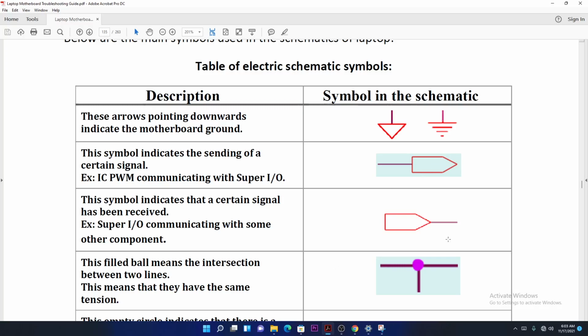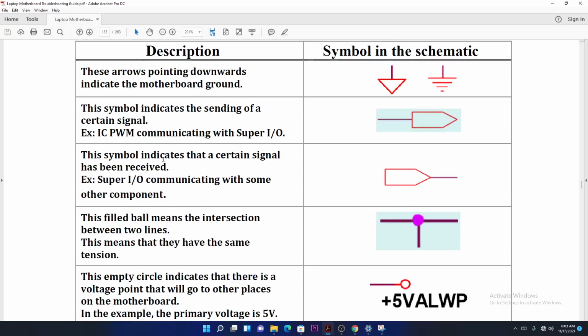For example, when the CPU VRM is good, working 100%, it's going to send out a signal. There will be an arrow going out, going straight into the Super IO chip, saying all the power is good, and the Super IO chip would receive that signal as this symbol, meaning it's going inside the Super IO chip.